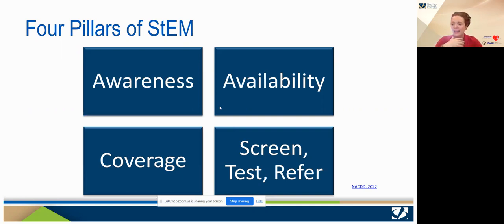Availability: enhancing the availability of programs and access to those programs. Coverage: making sure that National DPP programs are covered. And of course, screen, test, refer, which we are going to be focusing on today, which is all about protocol and process for enhancing referrals to National Diabetes Prevention Programs, as well as engaging patients and providers around a prediabetes conversation.